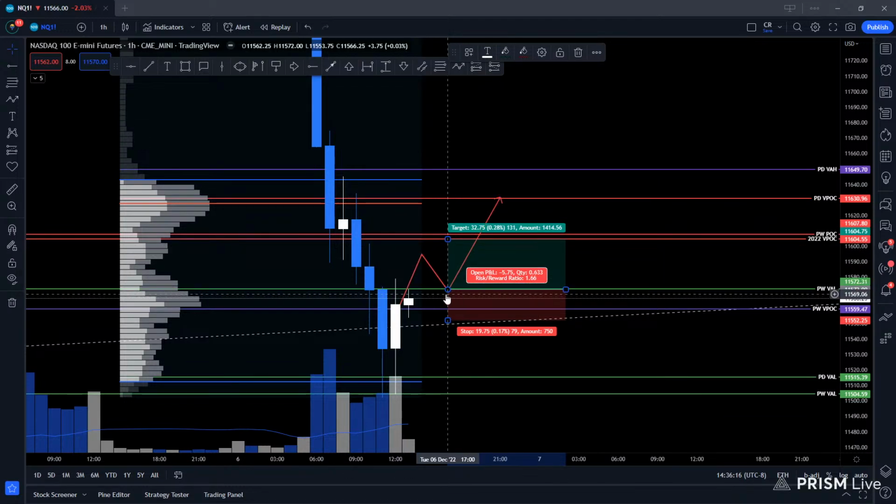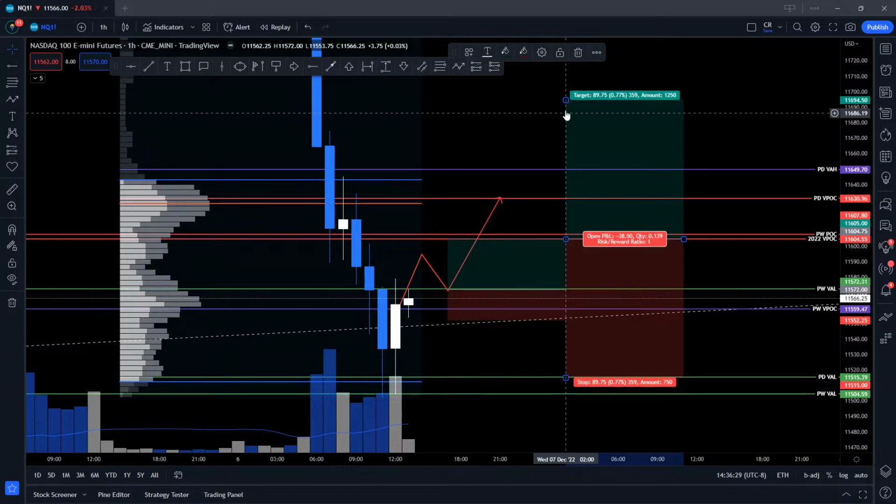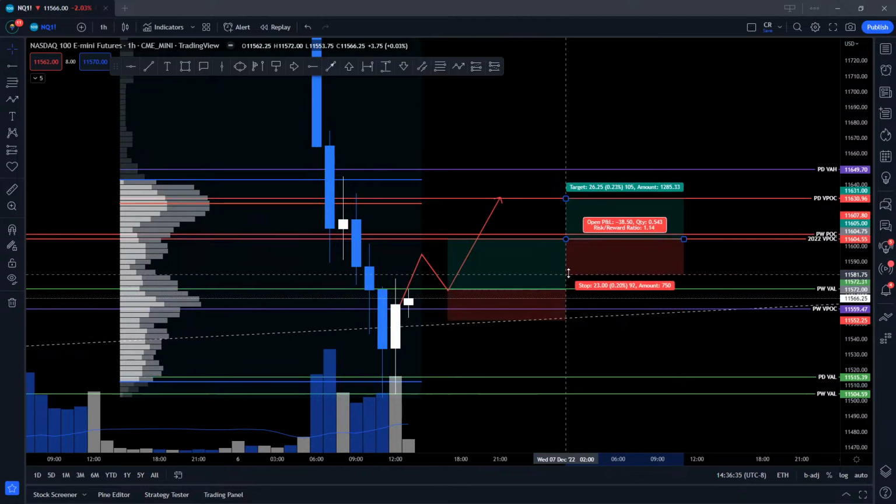But if you did take several contracts here, trim here. And then at that point, once you trim, you're going to be looking for something like this.